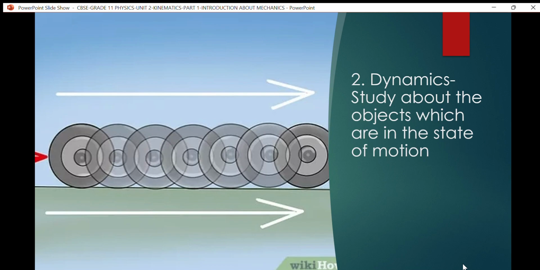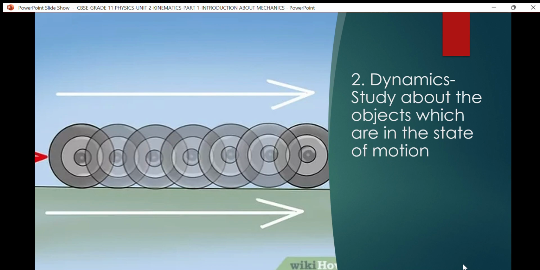So what will we study in dynamics? In dynamics we will study about the objects which are in the state of motion. Here we will describe the characteristics of the motion and also how the force works, and when different forces are acting on the object, how it moves. When different torques act on the body, how it will work.